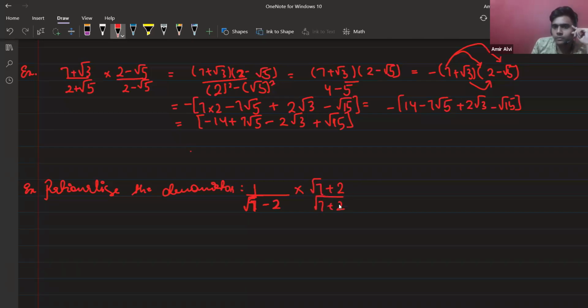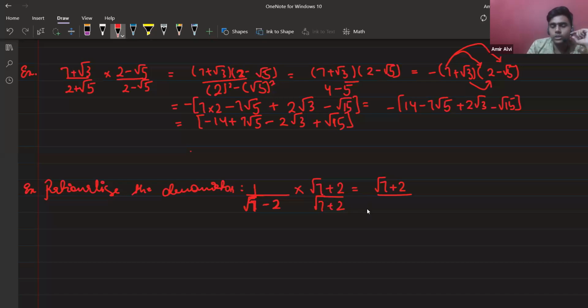Root 7 plus 2 will be as it is in the numerator. In the denominator, one identity will always be there while rationalizing the denominator. What is that? A square minus b square.